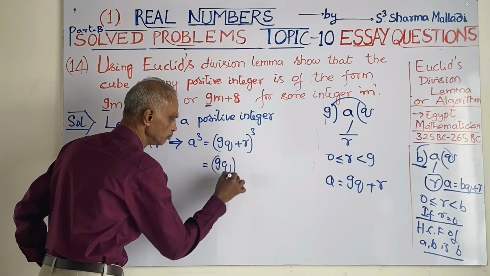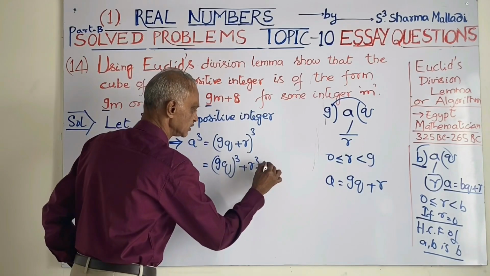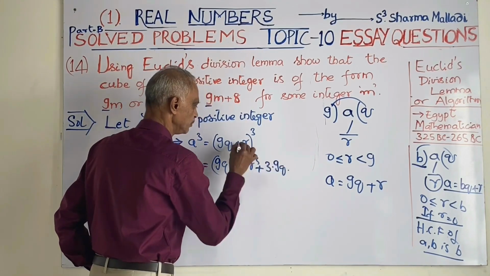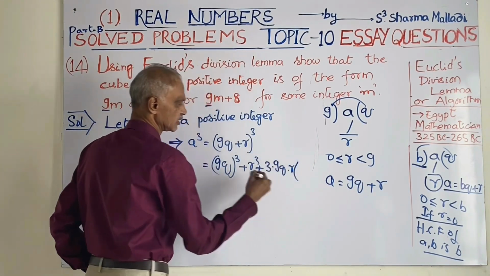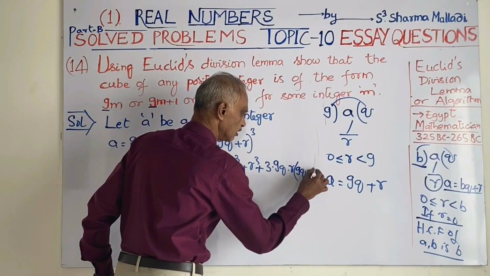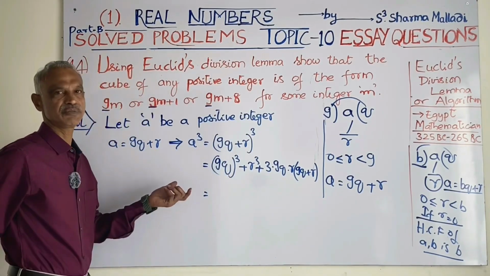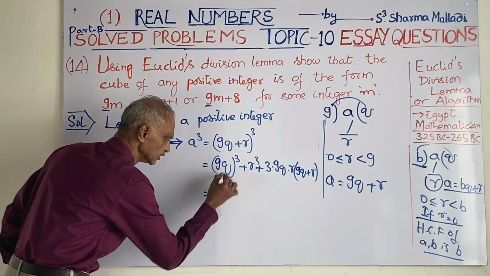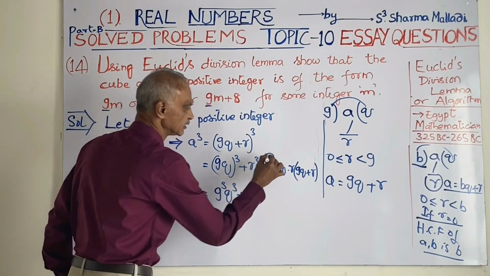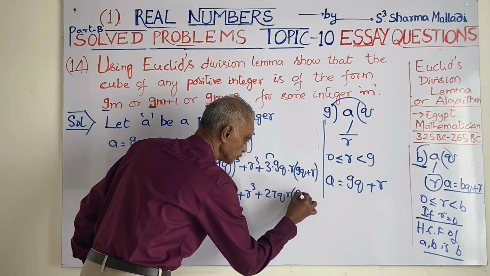So (9q) whole cube plus r cube plus 3 into, what is a here? 9q, b means r, plus 3ab into (a plus b), means 9q plus r. This can be written as 9 cube q cube plus r cube plus 9 3s are 27 qr, plus 9q plus r.